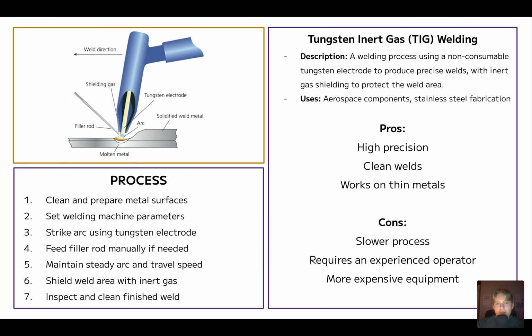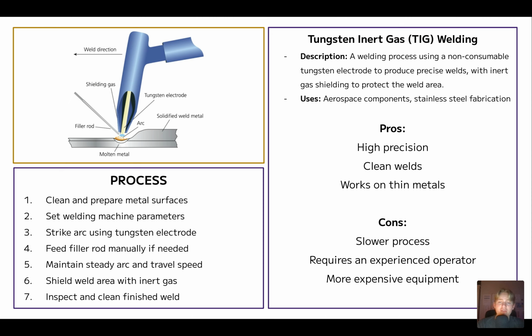So the uses for this would be basically aerospace components, something where you need seriously high strength and low failure, but also for stuff like stainless steel fabrication. Pros of it is that it is super high precision. It creates very clean welds, as I mentioned, with low failure rate.